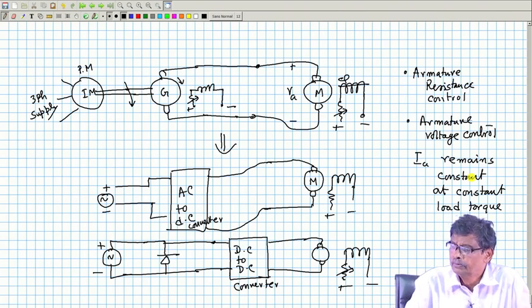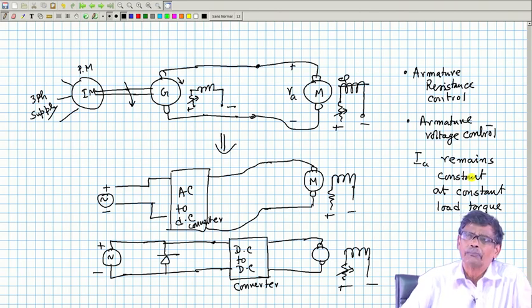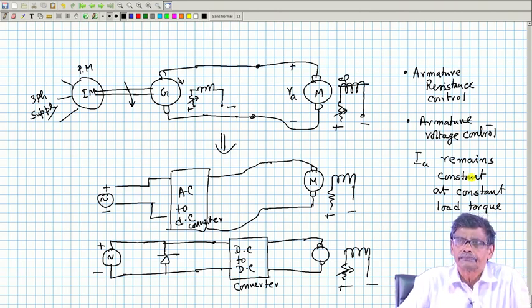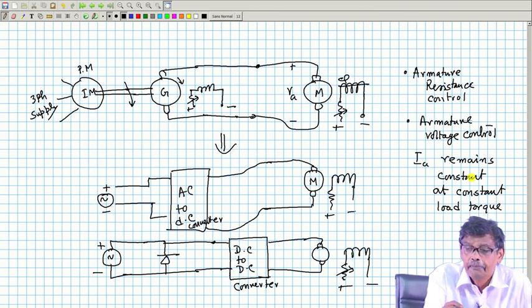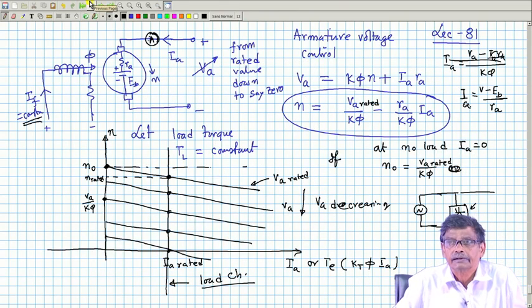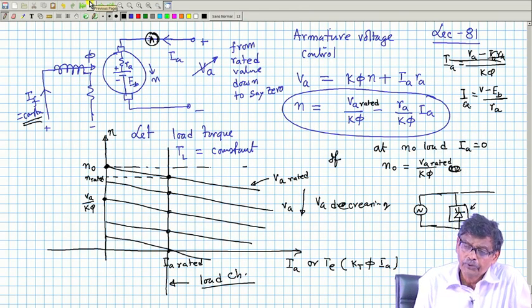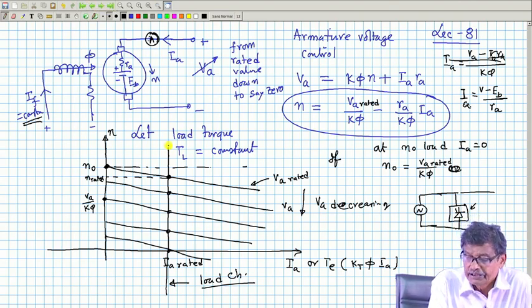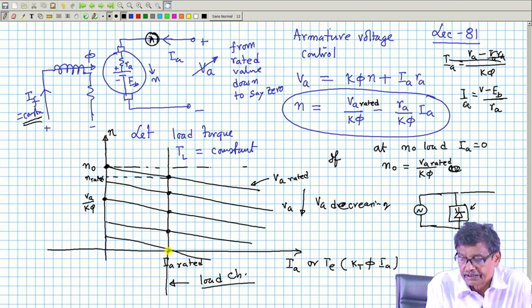Okay. I will come to this point a little later, that is, suppose the load torque is not constant. Let me make that comment also, so that you understand what it is. Suppose your load torque is constant at rated value and it is IA rated.